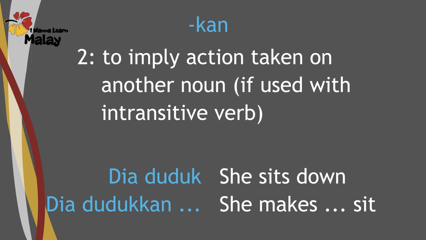If we have the phrase dia duduk, it means that he or she sits. But if it's dia dudukkan something, it means that he or she makes something sit somewhere.